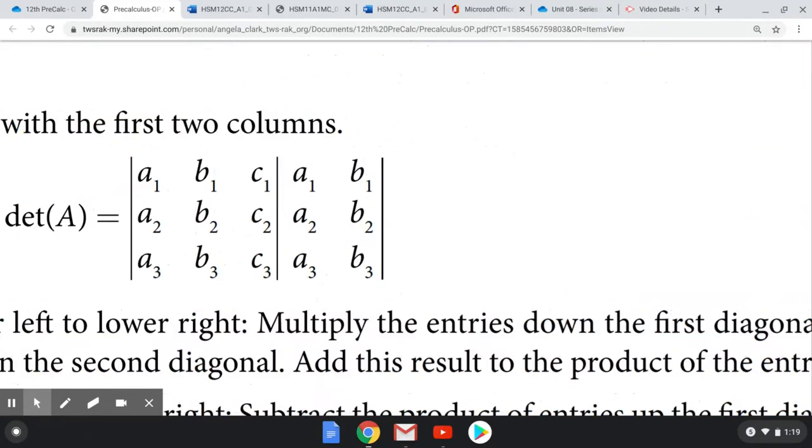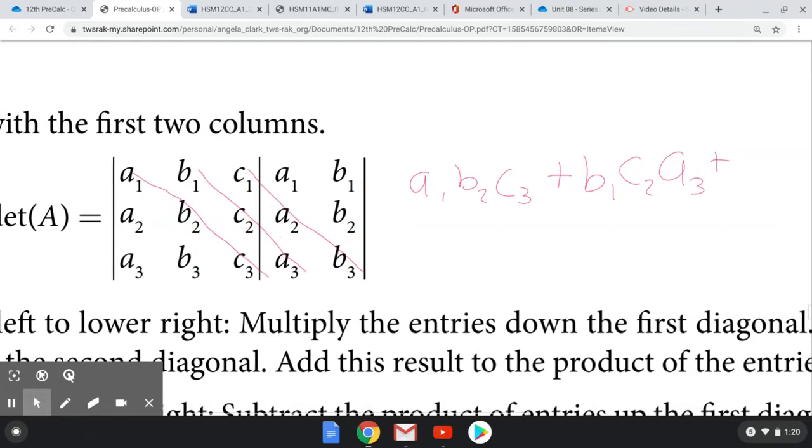So finding the determinant of a 3x3 matrix, the first thing we're going to do is multiply this diagonal. So A1, B2, C3, plus we're going to multiply this diagonal, B1, C2, A3, plus we're going to multiply this diagonal.